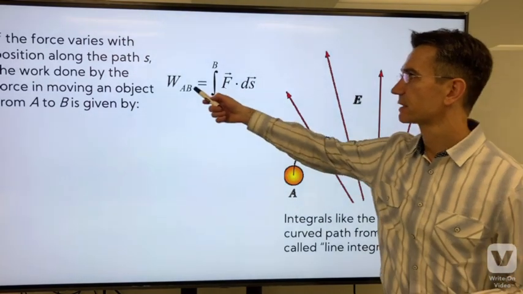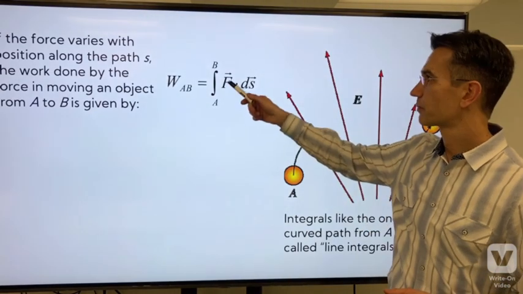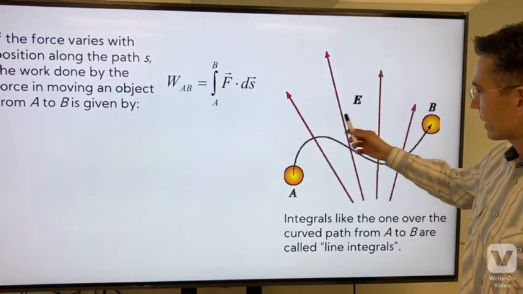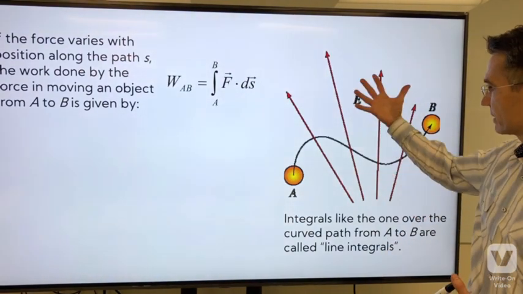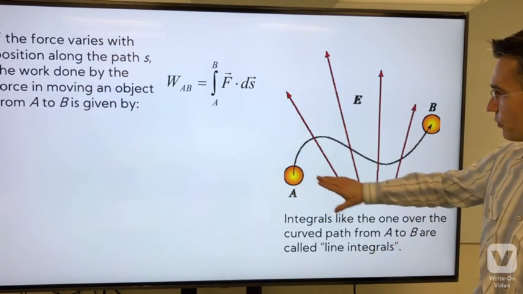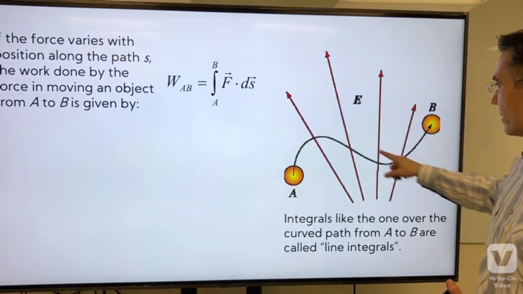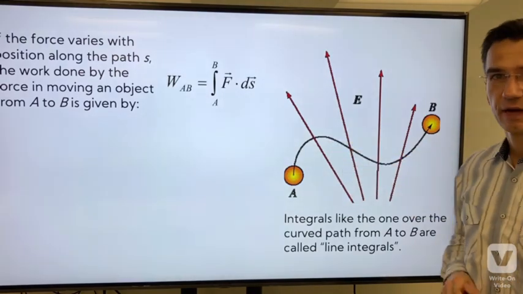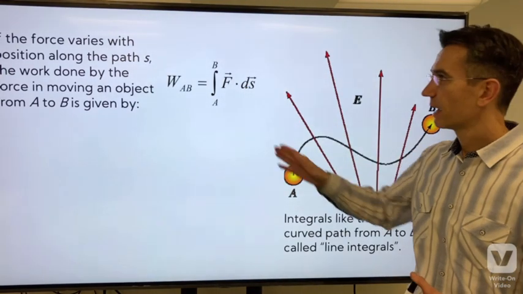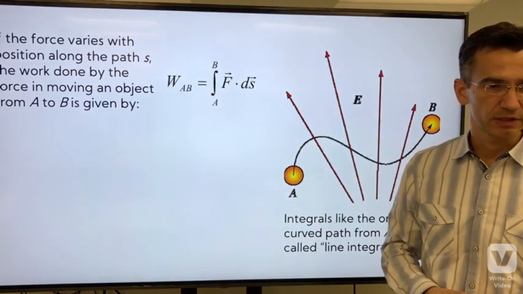We then have to calculate the amount of work done by integrating the dot product of the force and the path of motion. Say we have this kind of electric field coming from a point charge here, and we're moving a charged object from point A to point B. If we take this kind of path, then at each point we have to take the dot product of the force and the path increment, and integrate these over the entire path to get the amount of work done.